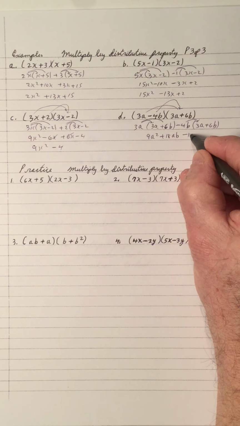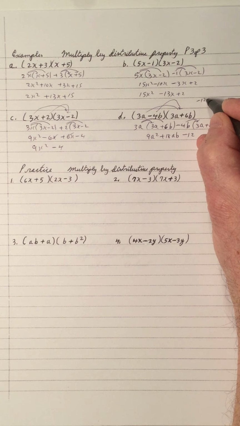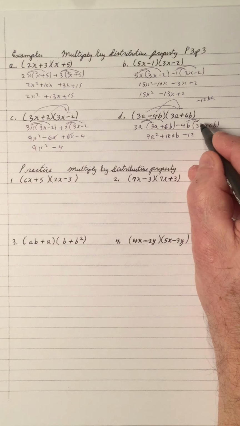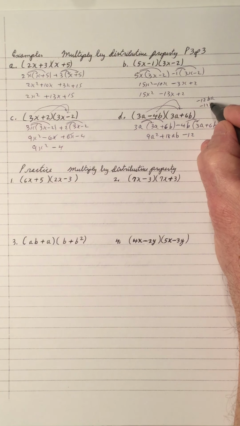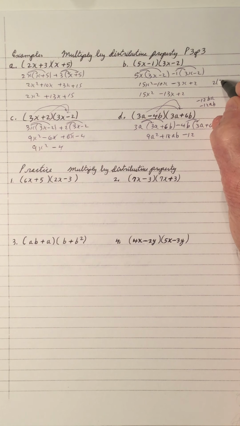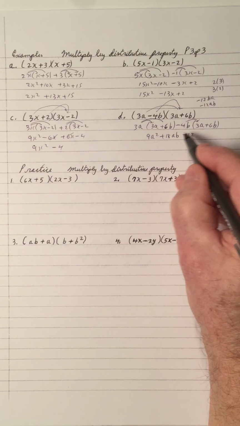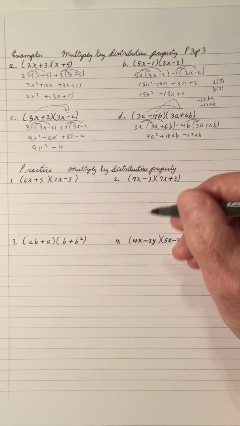That's a negative 12. Now, notice negative 12, you could go BA. B times A is BA, but we know that B times A is the same as A times B, because 2 times 3 is the same as 3 times 2. So when you multiply these, that's an AB. So when I multiply, instead of BA, I just put the AB.